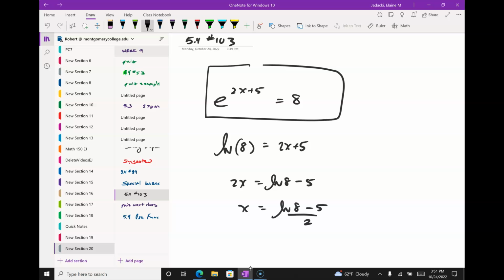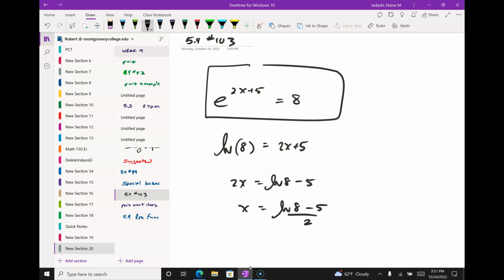How do I solve for x if it's in the exponent? This is something that's going to happen quite a bit. We're going to have these exponential functions, and in order to get that exponent down, we're going to use an inverse function. The log function makes it so that it's equal to 2x plus 5.